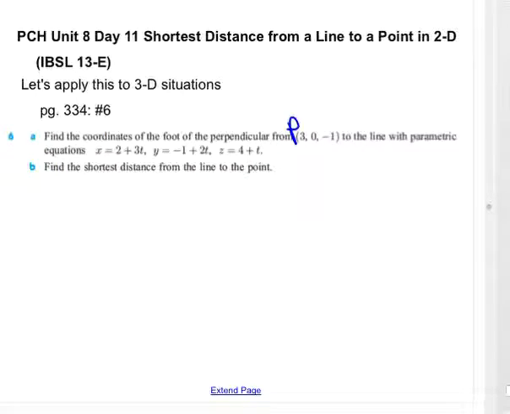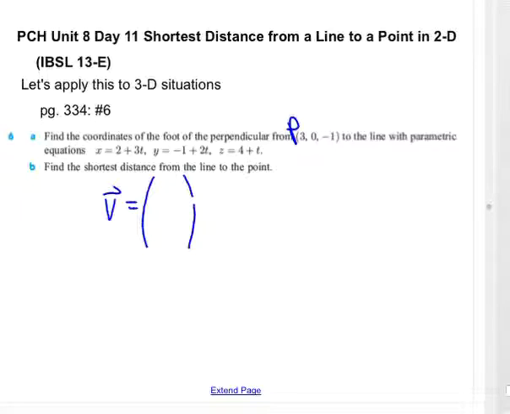What did we do first when we were trying to find the perpendicular? Velocity vector. Okay, that's one of the things that we could do. We would get a velocity vector for the line, right? So, if this is our line, what's our velocity vector? If those are the parametric equations.